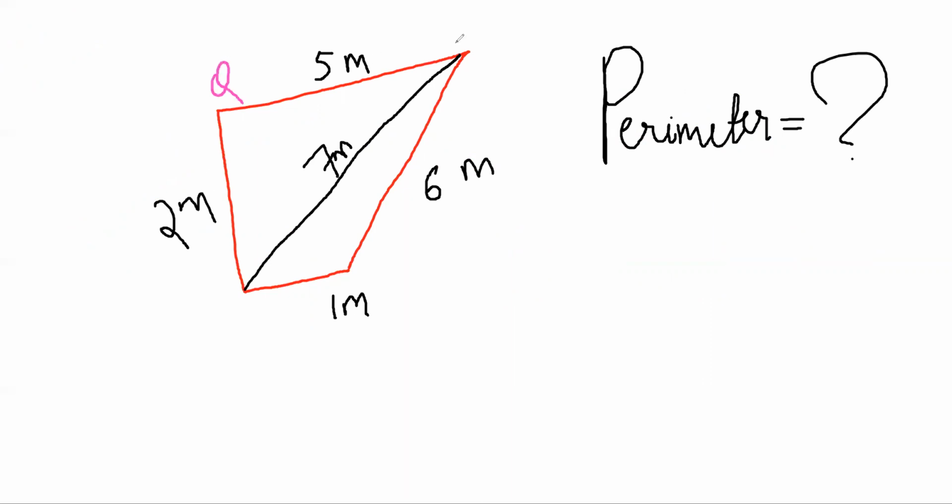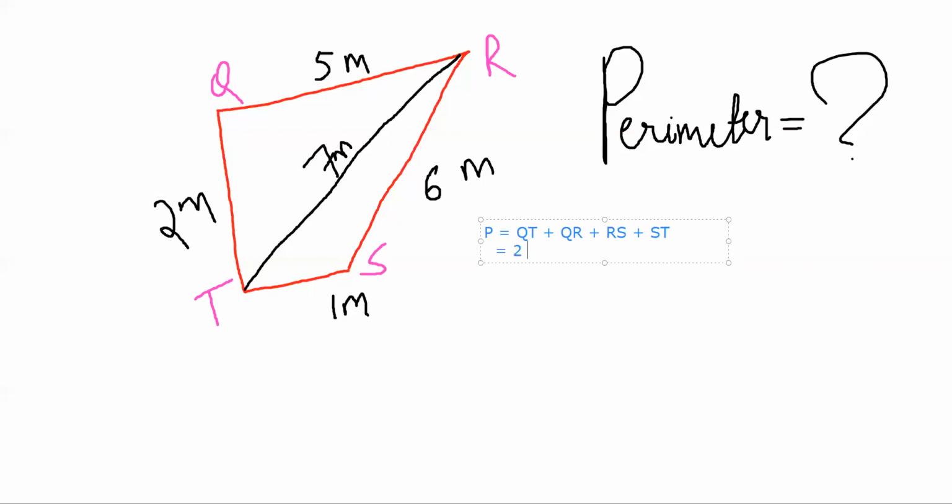Suppose this is Q, R, S, T. The perimeter of the given figure is QT plus QR plus RS plus ST.